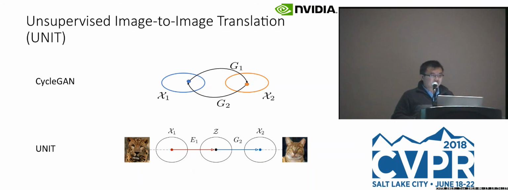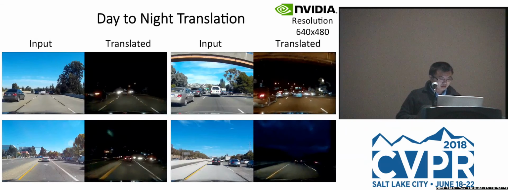And at test time, you compose E1 and G2 for translating an image from the first domain to the second, and similarly E2 and G1 for the other way. I will not go into the detail because it's not my focus today, but I will just show some results we achieved by applying such constraints.